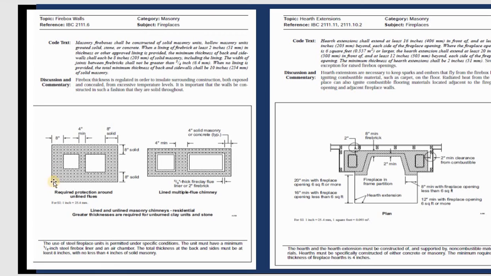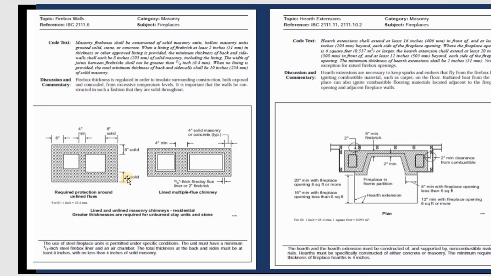This is one example where you can see the protection around the unlined flue. If you have a distance of 8 inches of solid, and after that inside the round one like this, they show you the square one, and you need to have another 4 inches gap between both of them inside the block. For the unlined masonry chimney, you need to do it like this for the distance.